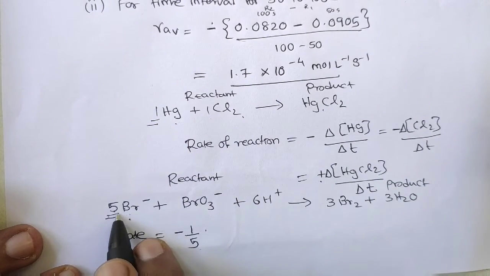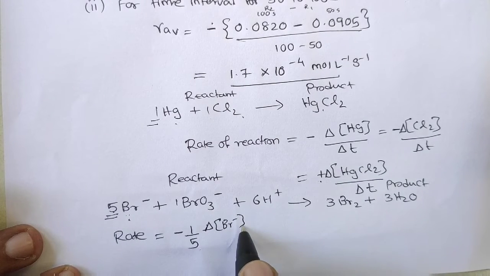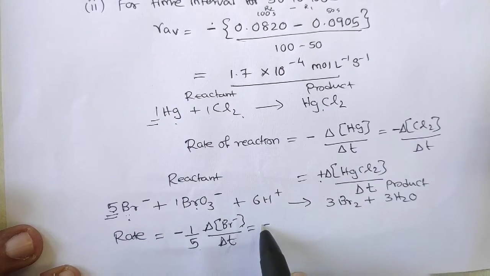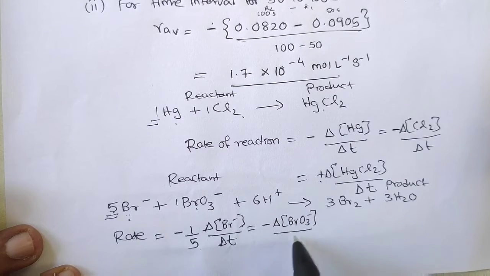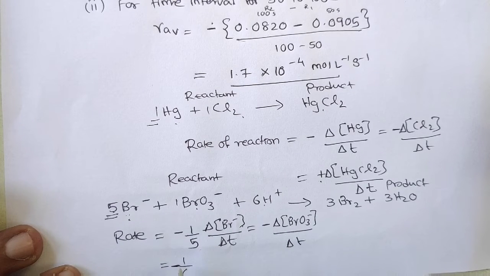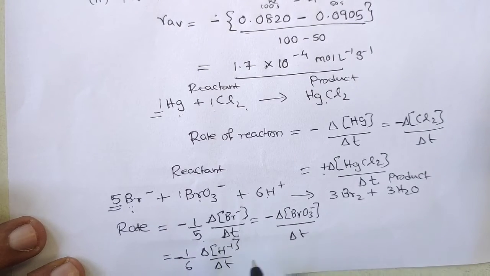Now here, minus, and since 5 is there, 1 by 5, right? 1 by 5 into change in concentration of Br minus, where the square bracket means concentration, whole upon delta T. In the same way for BrO3 minus, 1 is there, so I directly write change in concentration of BrO3 minus whole upon delta T. In the same way for H plus it will be 1 by 6, but the negative sign will be there. Understood? 1 by 6 into change in concentration of H plus divided by delta T, right?